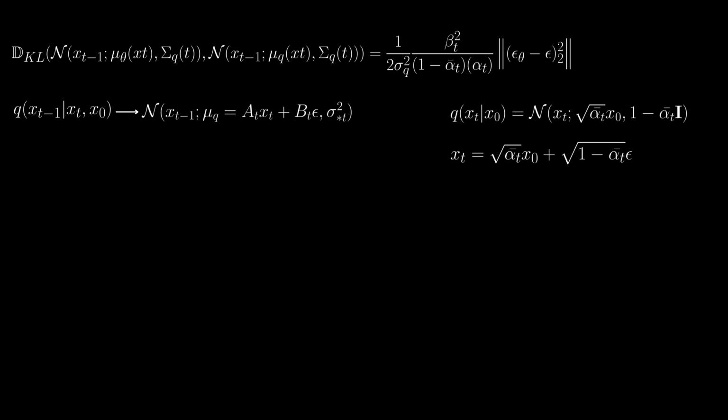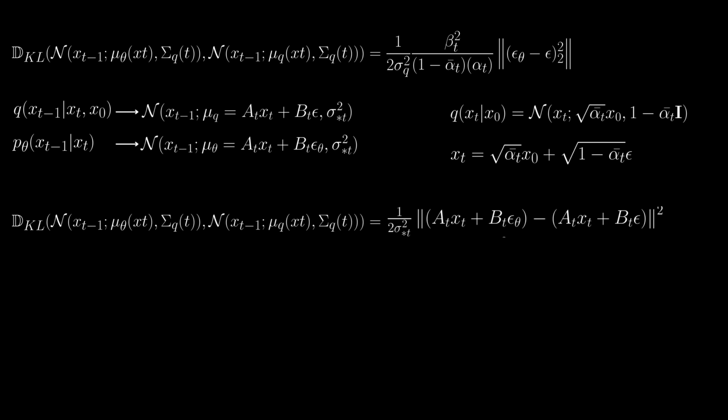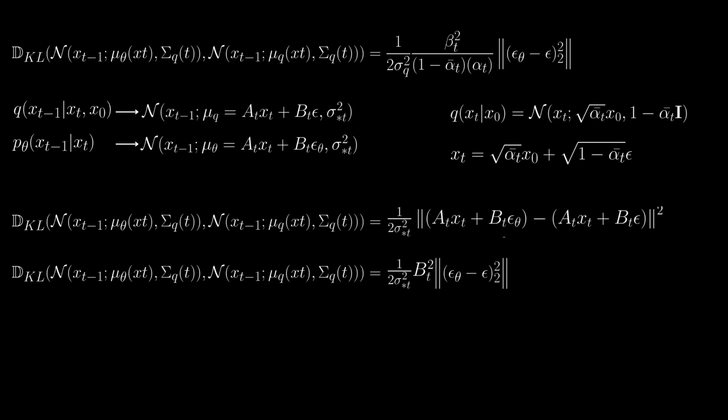Well, let's go through the same set of steps. We'll formulate our predicted distribution to also be of the same form. Then again, optimization objective will involve KL divergence, which gives us the same squared difference between means, which again ends up being square difference between original noise and noise prediction.